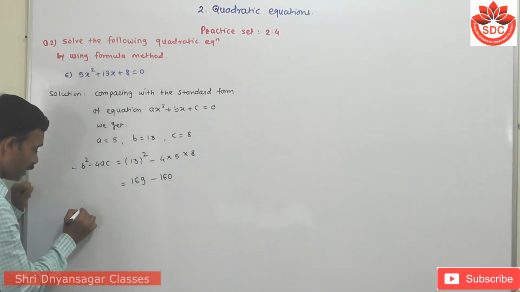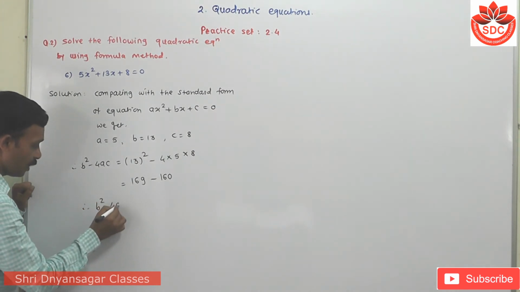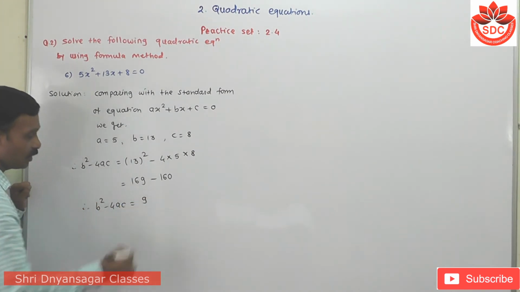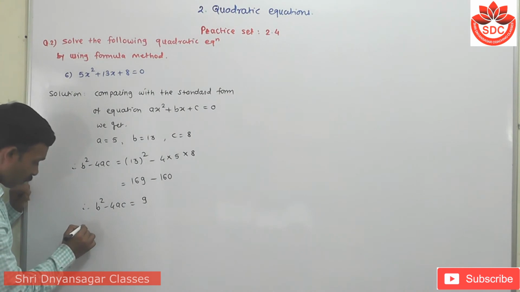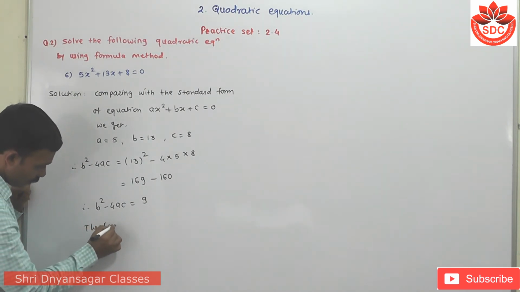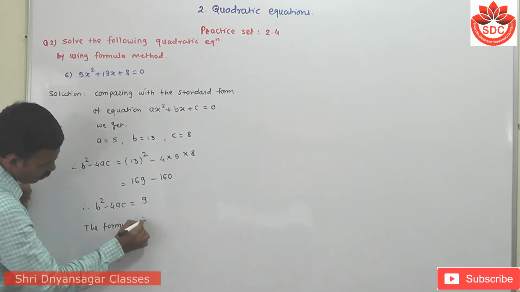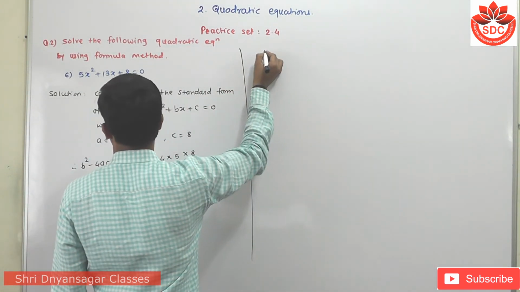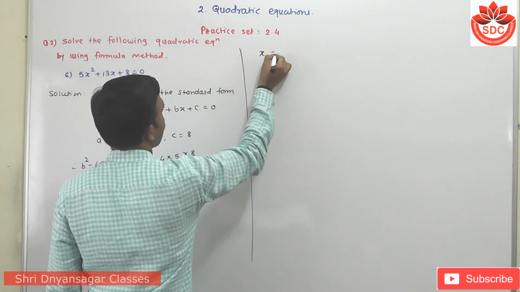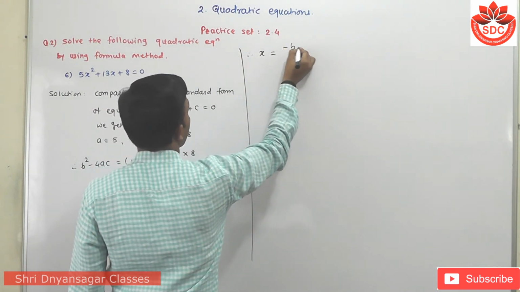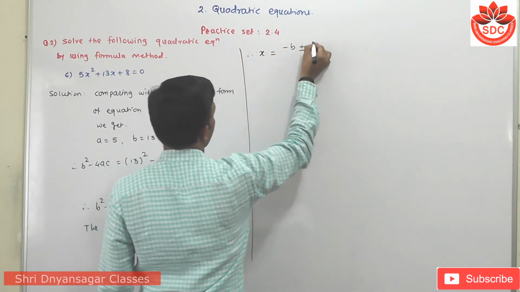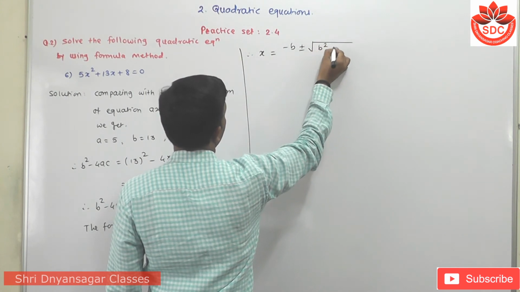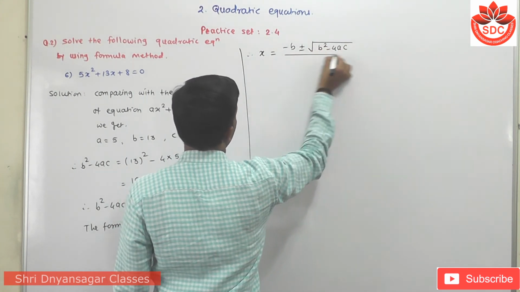Then when we take its subtraction, then b square minus 4ac is equals to how much? 9. Then the formula is, now here I have to write this formula is, variable is x is equals to minus b plus minus root of b square minus 4ac upon twice a.